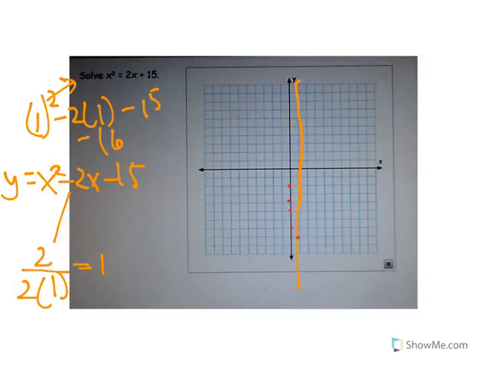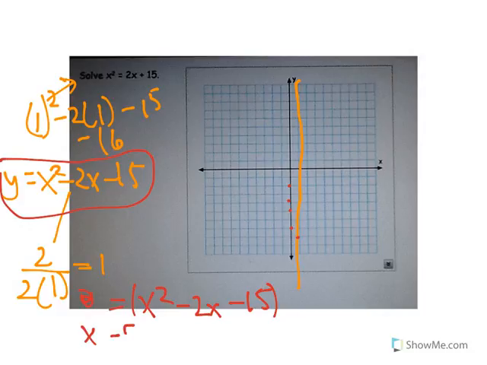I'm pointing up, so it will cross the axis because the a value is positive. So now I'm just going to factor this. I'm going to set it equal to 0. So it's going to be x minus 5 and x plus 3. So my two solutions are going to be when x is equal to negative 3, and also x is equal to positive 5.